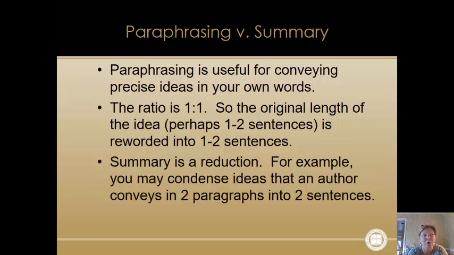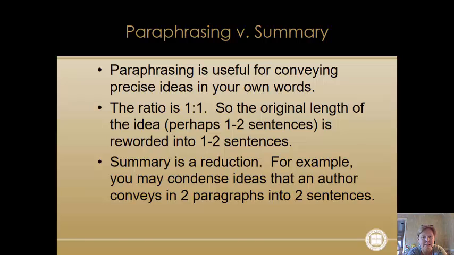Paraphrasing is a 1-to-1 ratio. For example, if the original length of the idea is 1 to 2 sentences, and you have reworded it into 1 to 2 sentences, that is paraphrasing, and you need to cite that. A summary is a reduction.